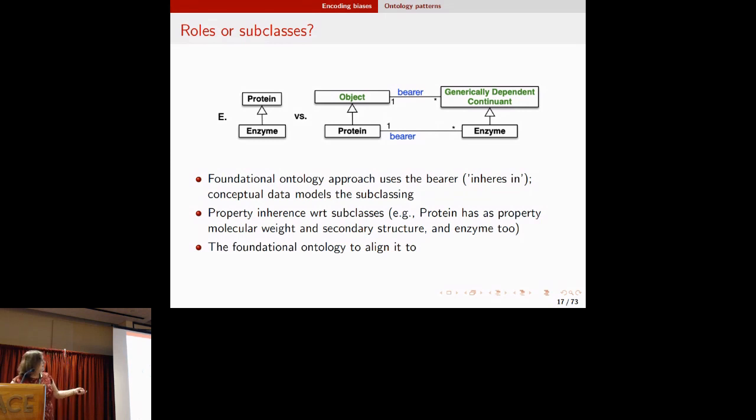Whereas on the right-hand side, we do not have them. So if you want to do something about enzymes and the molecular weight or the secondary structure, you're going to have to add something else to it. That blows up the amount of axioms you're going to have to put in your ontology. So that is something to consider, basically. I'm not going to say at the moment which one is better than the other one.